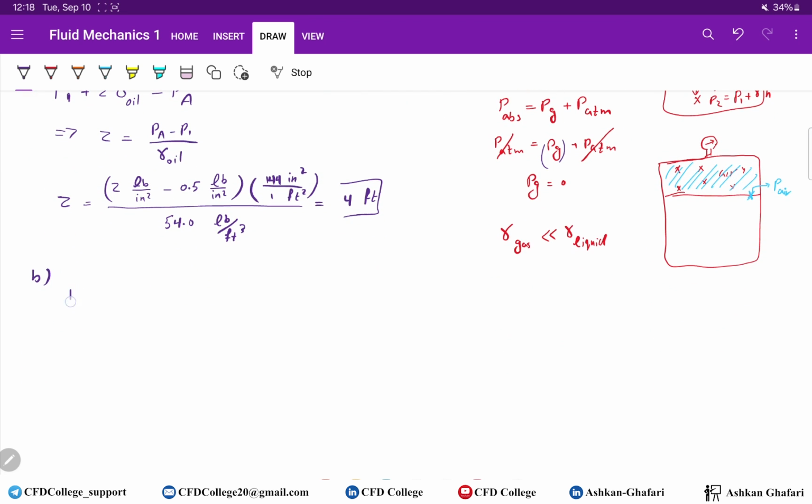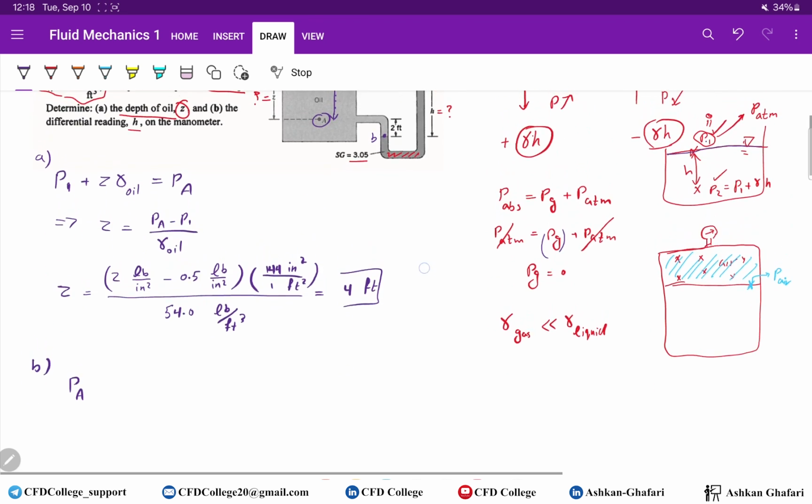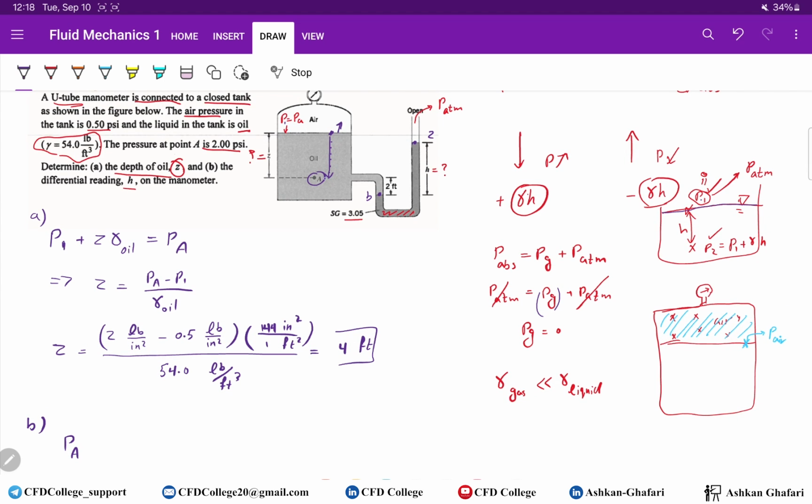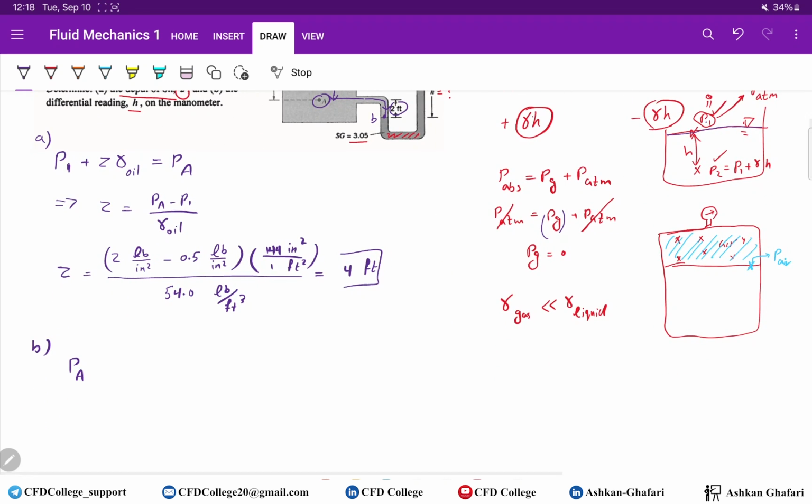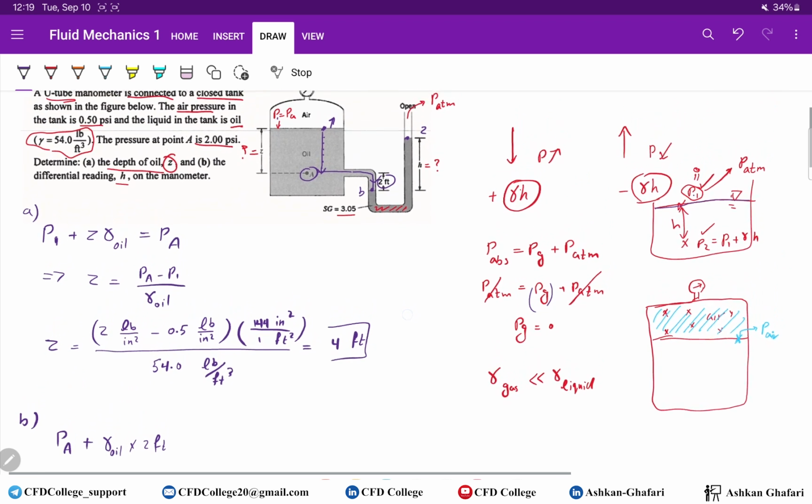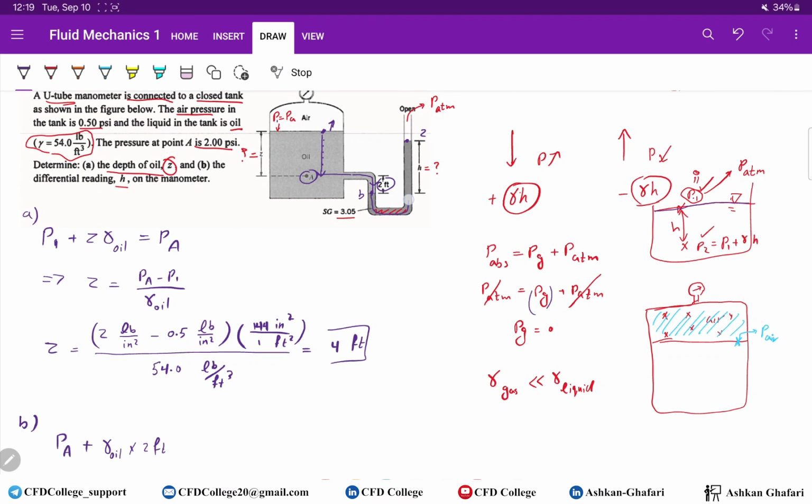So I start from point A, start moving up to reach any interface. Here I reach the first interface and I move downward for 2 feet. So I should add the pressure difference, gamma of oil times 2 feet. Then I keep moving from this point up to this point.